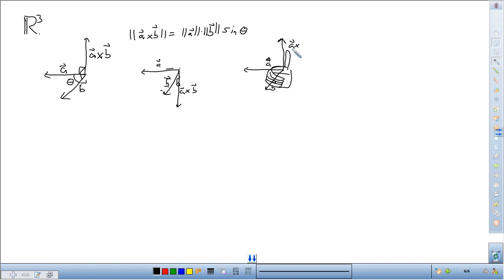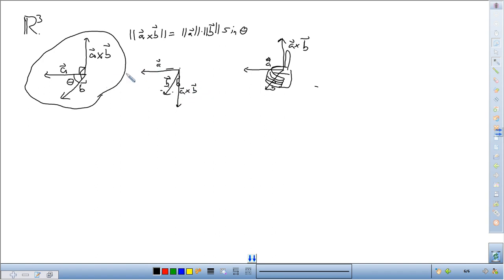So you first point your hand in the direction of the first vector, A, and then wrap your fingers toward the second vector B, and the direction your thumb is facing is the direction of this vector. So this is a unique vector, the one that actually applies. This other one here is actually the negative of the cross product.